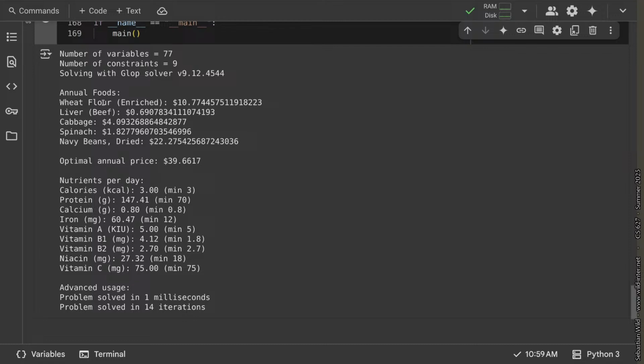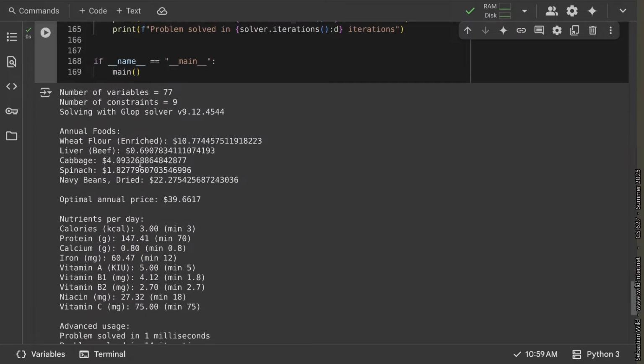A good amount of wheat flour, a bit of beef liver, cabbage, spinach, and lots of dried navy beans. Yeah. So if you apply linear programming to the real world, it'll ruthlessly maximize the objective and stay within the constraints, but nothing else, right?